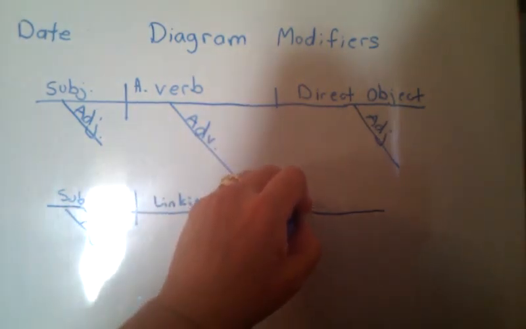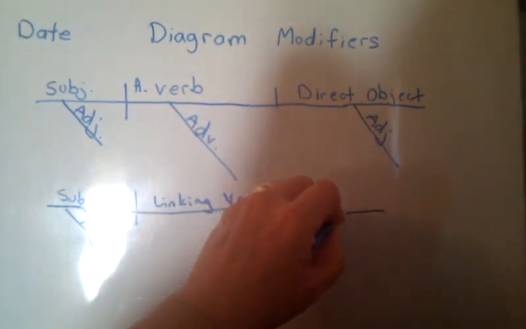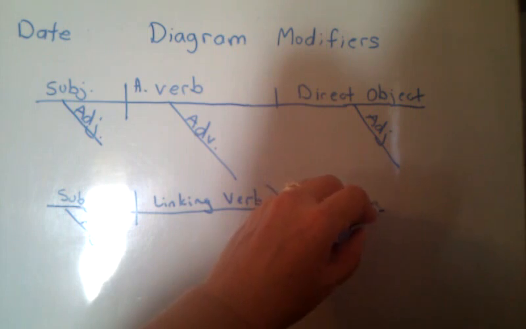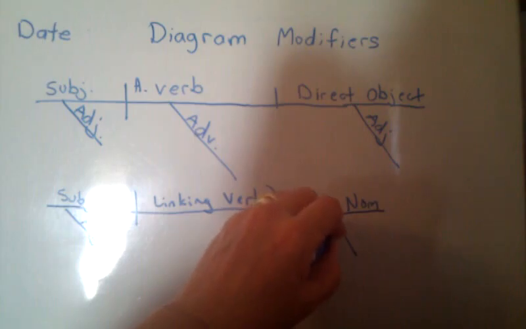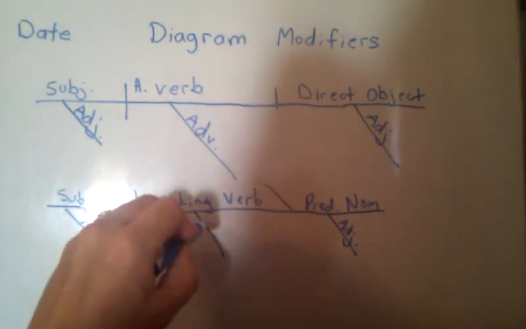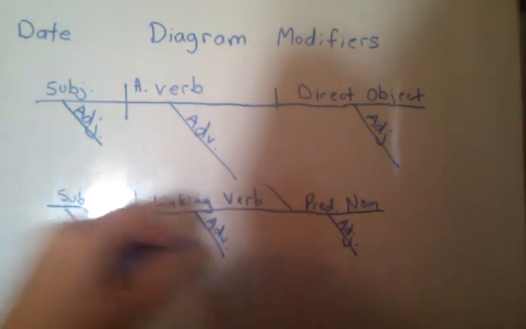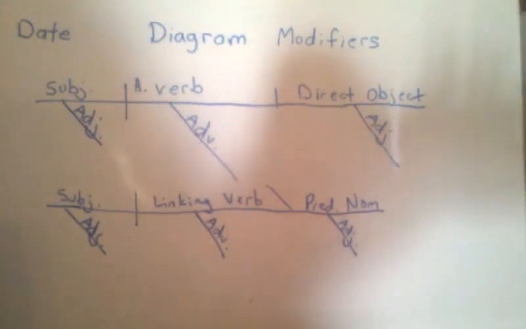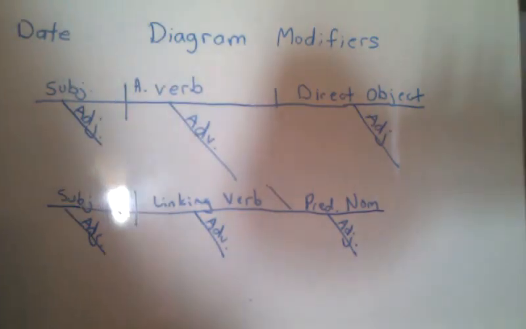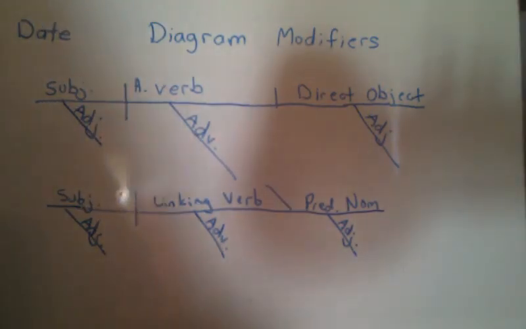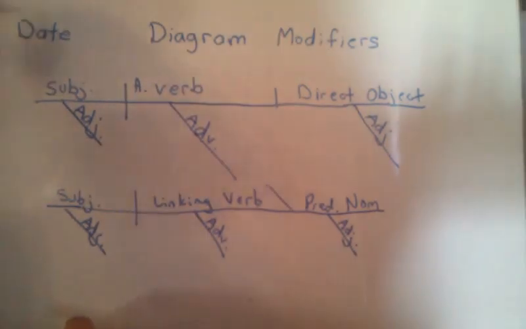This would be a predicate nominative. So anything that describes this is going to be an adjective. Anything that describes this is going to be an adverb. Okay? So let's look at some sentences. Not as difficult as it looks.